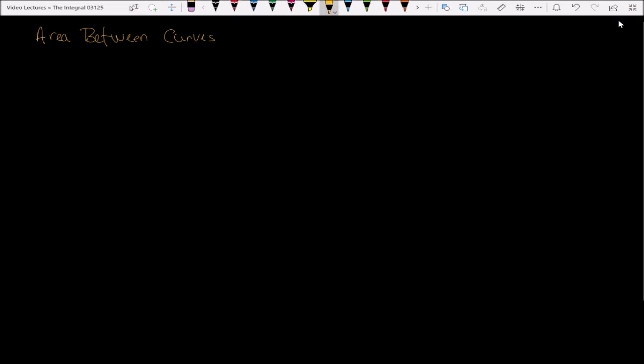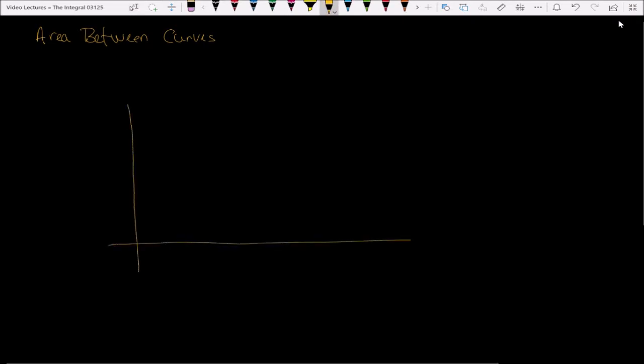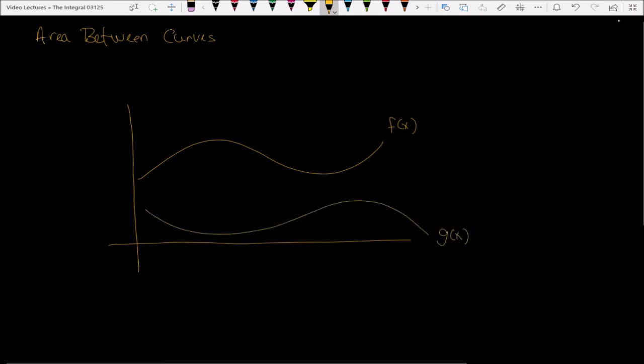Let's suppose that we are given two curves, f of x and g of x. Obviously, in our example, f of x is greater than or equal to g of x.